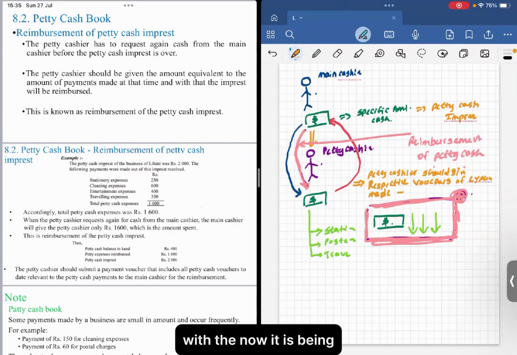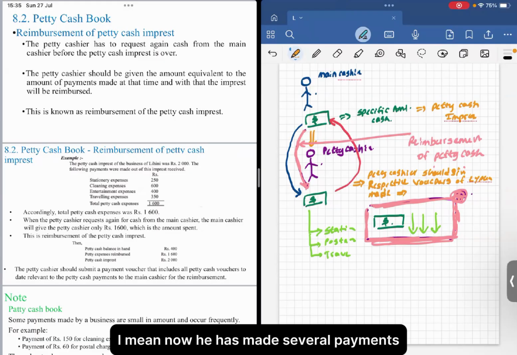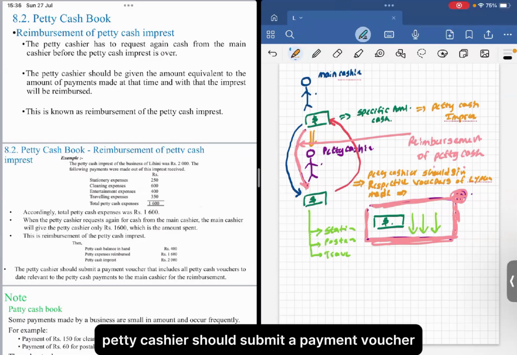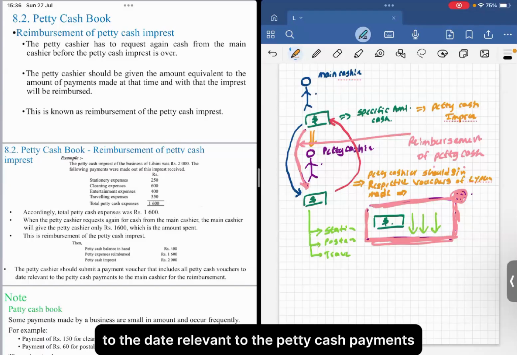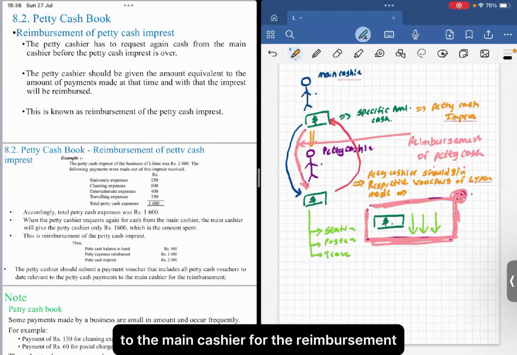Now he has made several payments, but he will be giving one main voucher, and the sub payments should be attached to it. The petty cashier should submit a payment voucher that includes all petty cash vouchers to date relevant to the petty cash payments to the main cashier for the reimbursement.